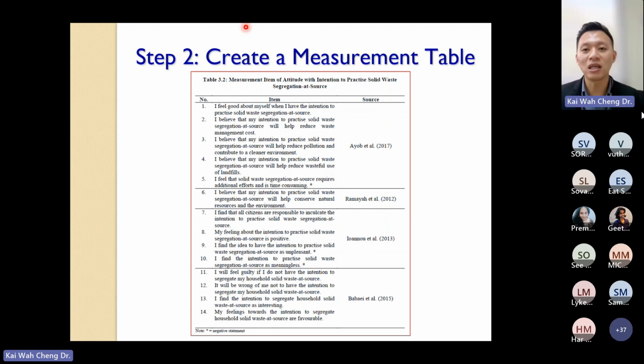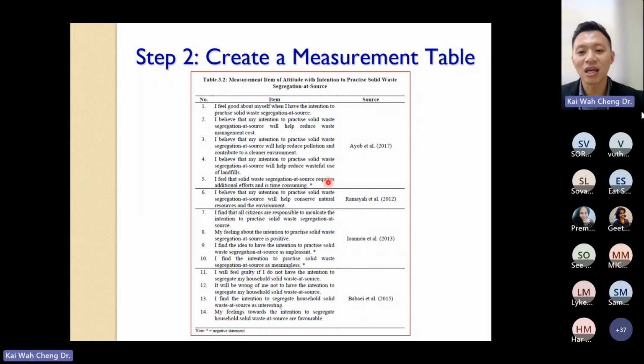So in a measurement table, you need to state it very clearly what the sources are for every item under the particular section. In this case, these 14 items will be used to test the attitude.